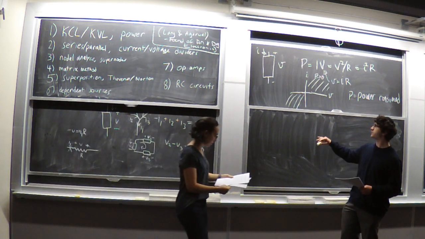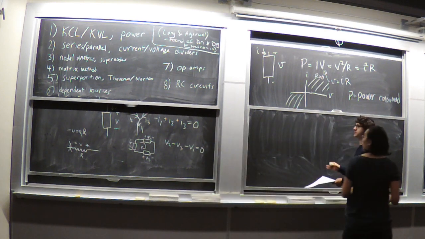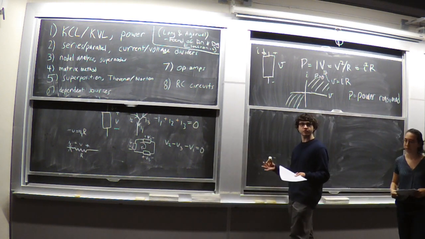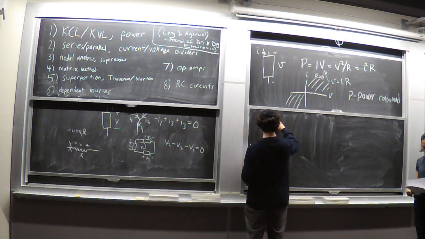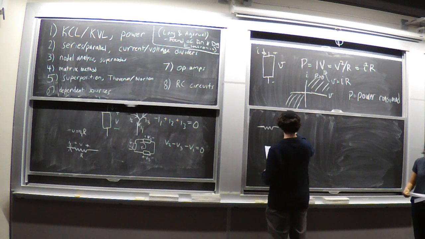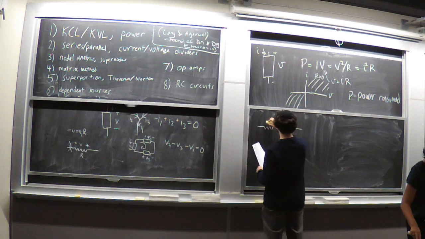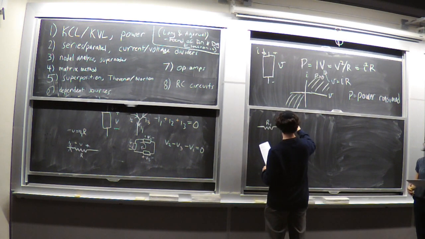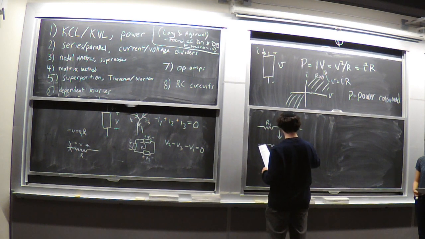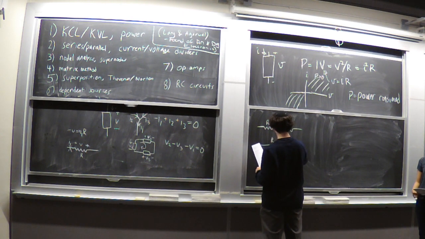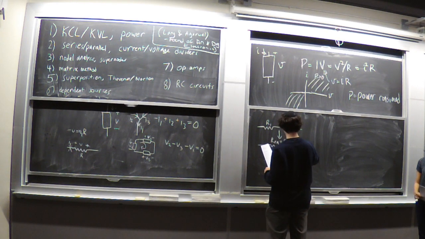One of the other things we talked about earlier in the semester was series and parallel combinations, so that should hopefully be pretty routine at this point. The idea is if we have resistors in series, R1 and R2, then that is equivalent to a single resistor whose resistance is the sum of the previous two.